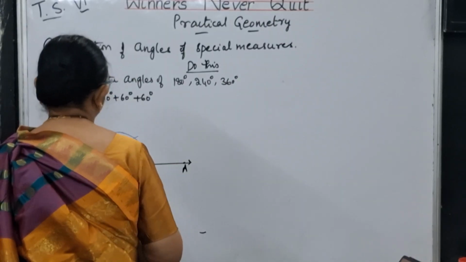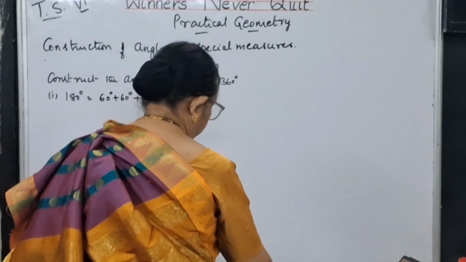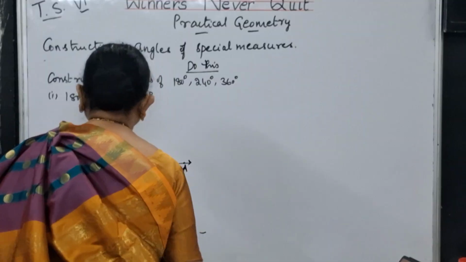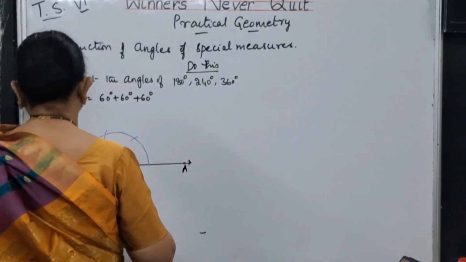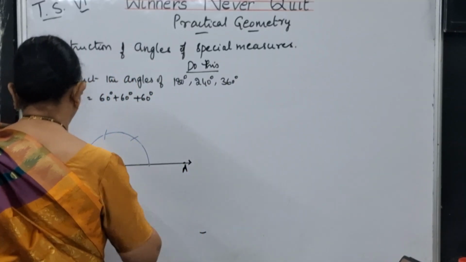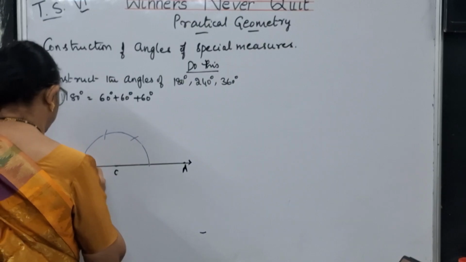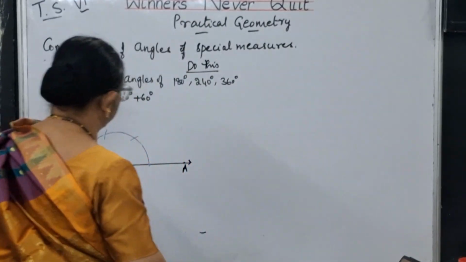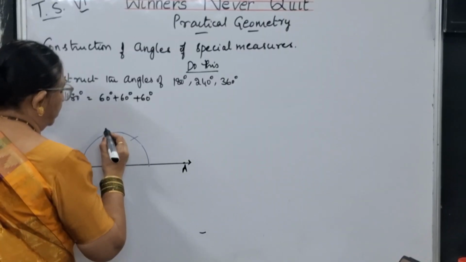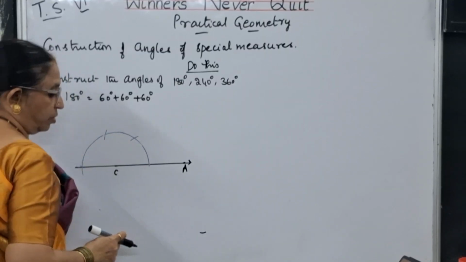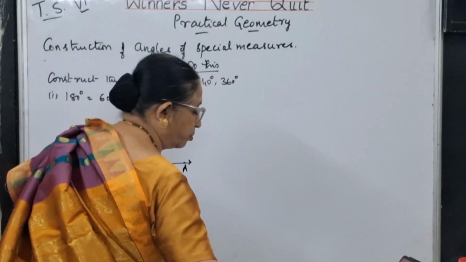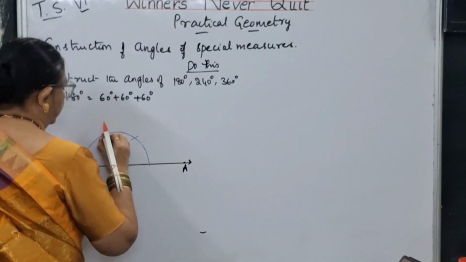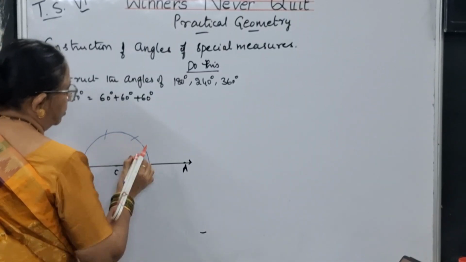So if you draw by using your compass, you can get 3 arcs. One arc I should get here, children, like this. So you do it by using the scale and the compass, children. It is a slippery board, so I will not be getting it properly. But the method you can understand with the help of this.